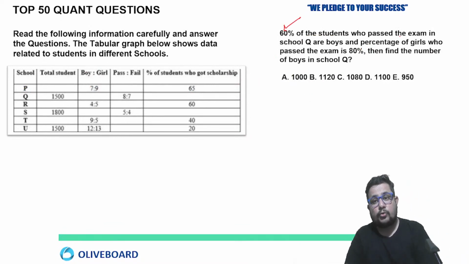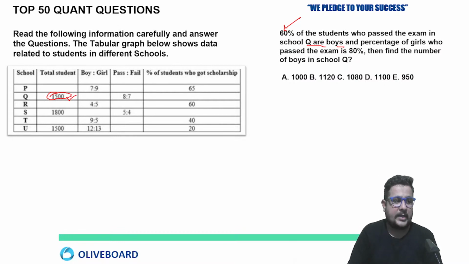Now next one. 60% of students who passed the exam in school Q are boys. So total in school Q, what data is given? Tell me. 1500. Boys who passed the exam in school Q are what? Boys. So if 60% are boys, girls are going to be what? Their ratio we can find out easily. 40% going to be girls. So 60% means what? 900.